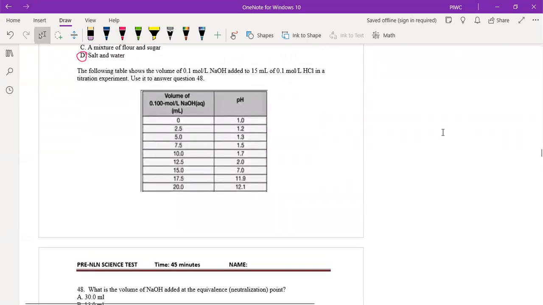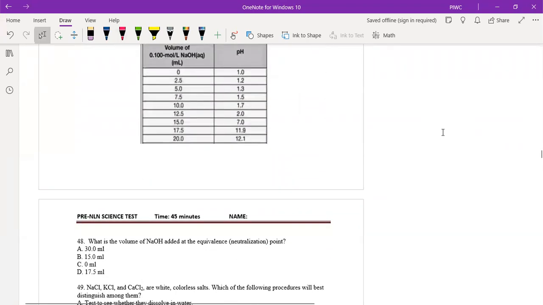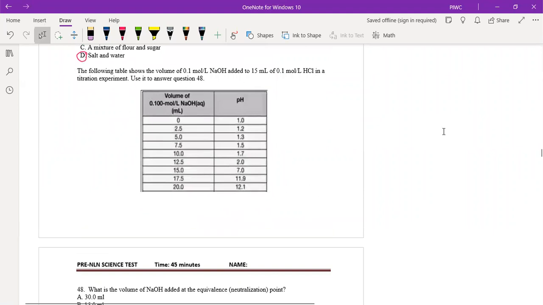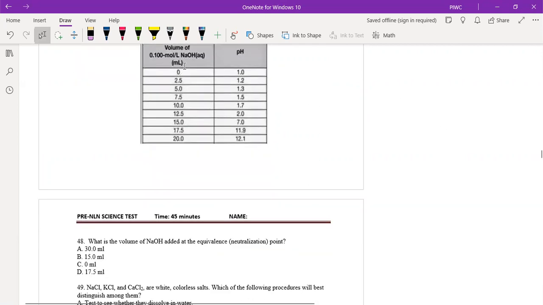Okay. All right. So think through 48 based on this table. Titration. So you have the pH and then the volume of sodium hydroxide added to HCl. What's the volume of sodium hydroxide at the equivalence or neutralization point?